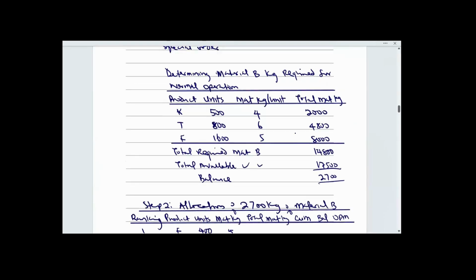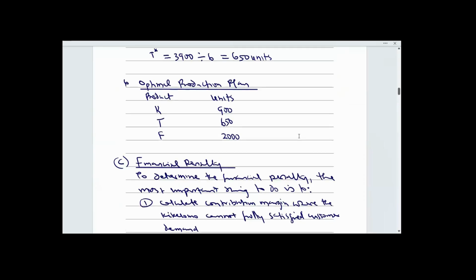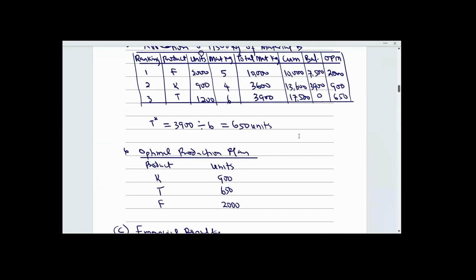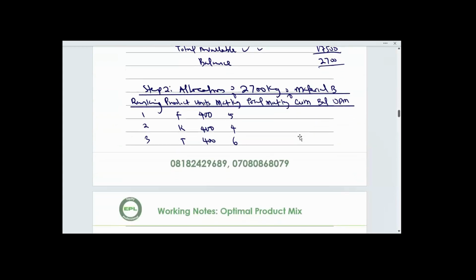Let me confirm that based on our ranking. Yes, 5, 4, 6. So 400 multiplied by 5 will give us 2,000. 2,700 minus 2,000, we have a balance of 700.